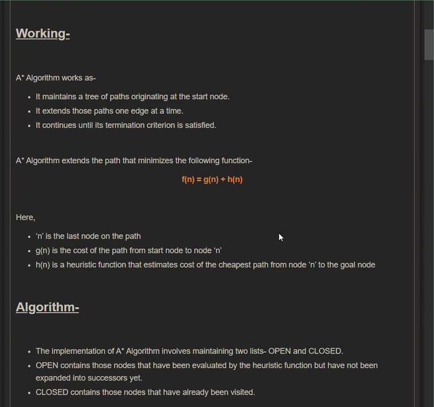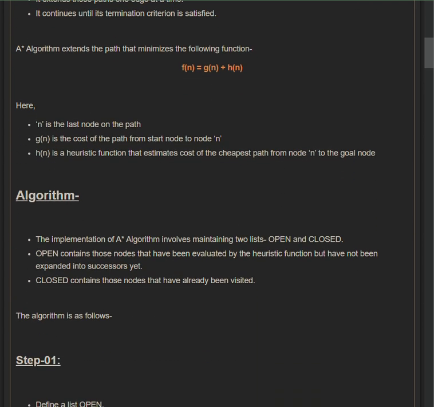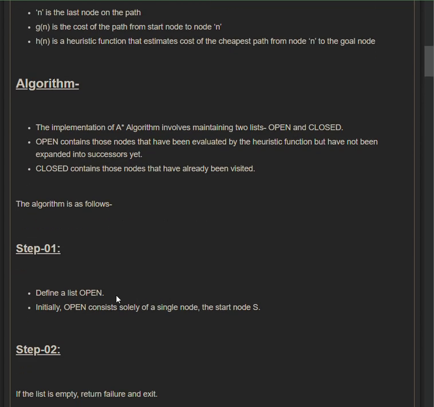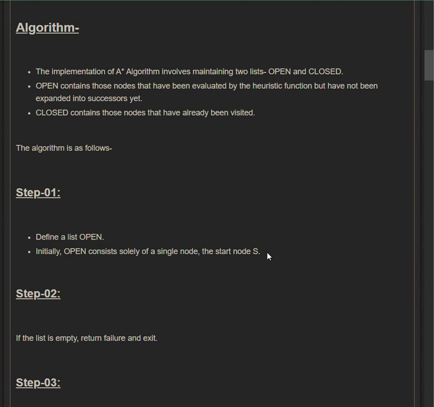Now, how does this algorithm work? We start at a given node, which is added to a list called open. This list holds nodes that have been evaluated by the algorithm but haven't been fully expanded. And we have another list called closed that holds the nodes that have been visited.